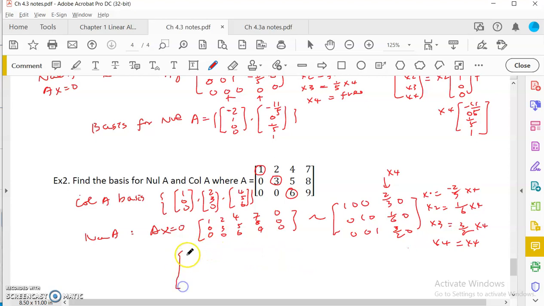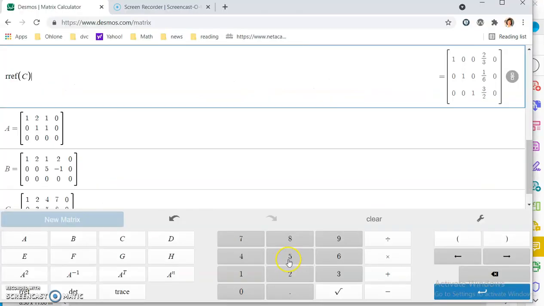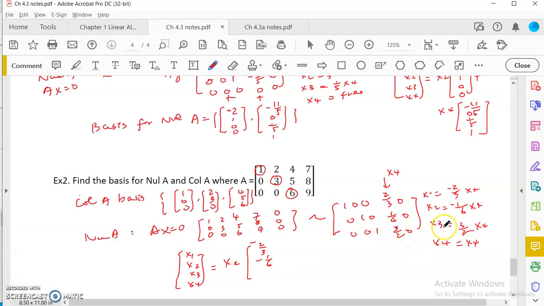So the solution for null A is a linear combination of just x4 times a vector, negative 2 thirds, I should say negative 1/6, right? Negative 1/6, also negative 3 over 2, and then 1.